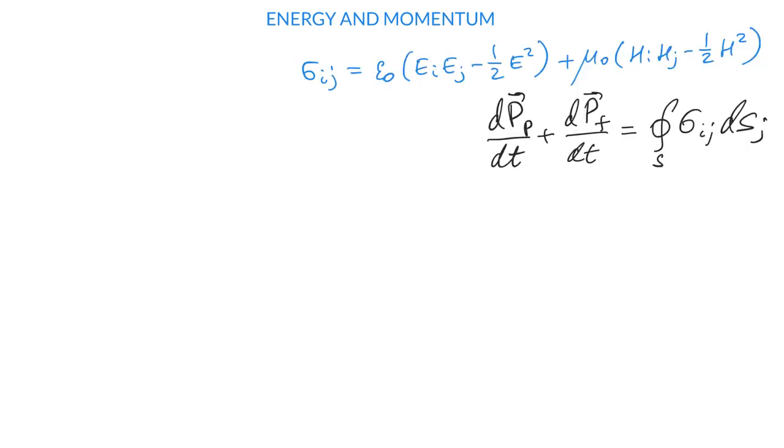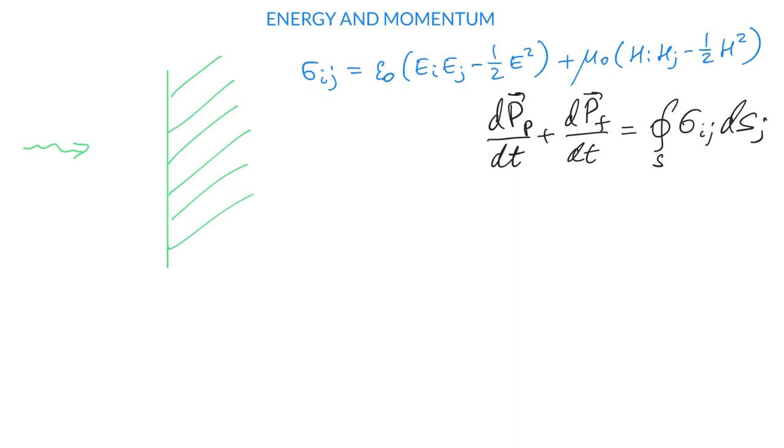Let's now consider a simple example. So here's a screen that perfectly absorbs electromagnetic radiation. There's a plane wave falling normally onto that screen from the left, and we want to find the radiation pressure exerted on the screen.